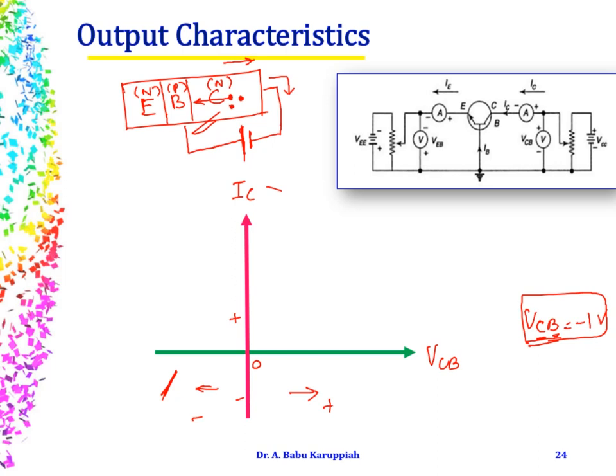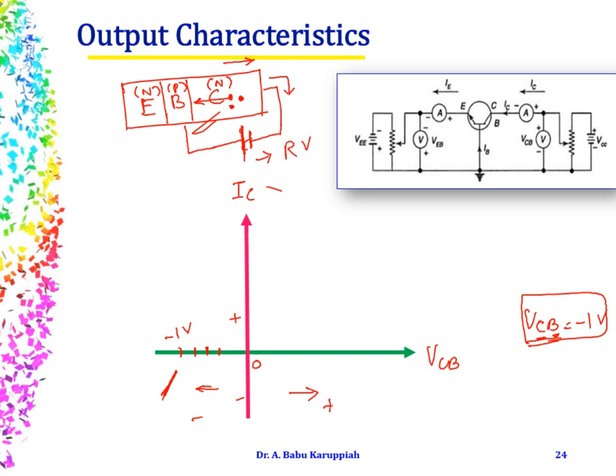And as and when you start increasing from minus 1 volt to say minus 0.9 volt, minus 0.8 volt, and minus 0.7 volt, and so on, this would be moving towards reverse biasing. Forward biasing would start becoming reverse biasing.